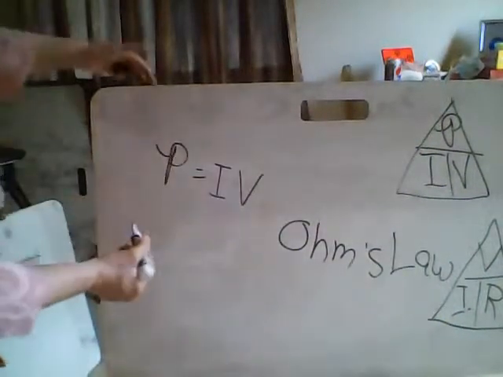I'm sorry, I'm really off. So we have to do Ohm's law first. So we have voltage is equal to current times resistance. So to find current, we have voltage divided by resistance.